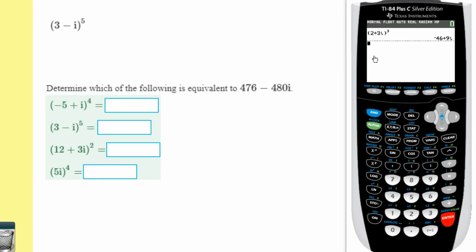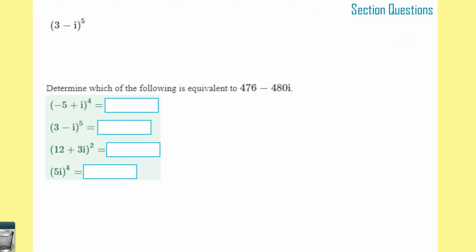I like the calculator, and you have access to it on my exams. But remember, there is a section on the IB exam at the end of the year where you're going to have to do stuff algebraically, so make sure you know how to do it algebraically. They probably won't ask you to do the fifth power.